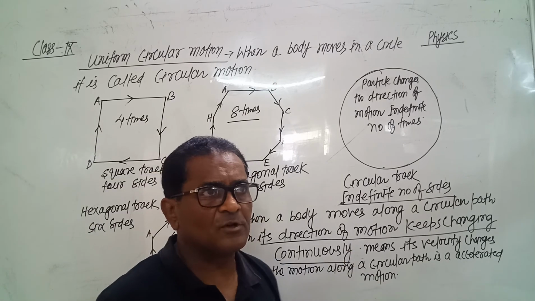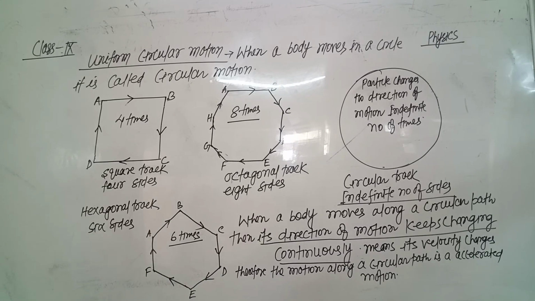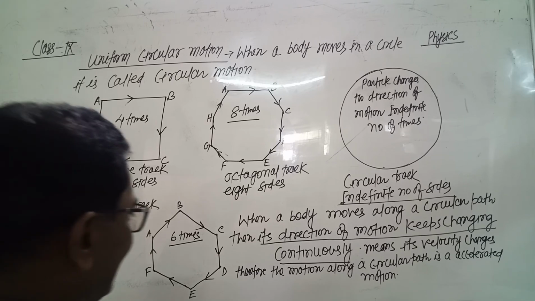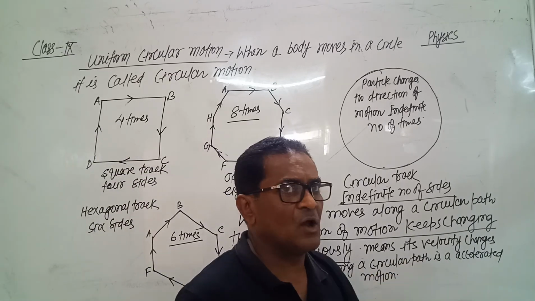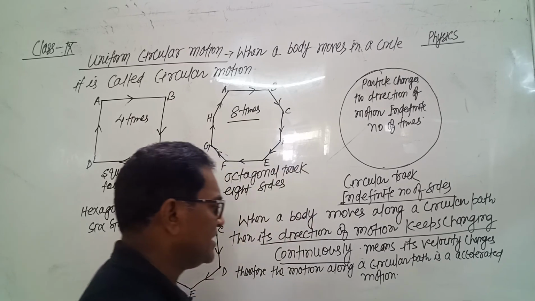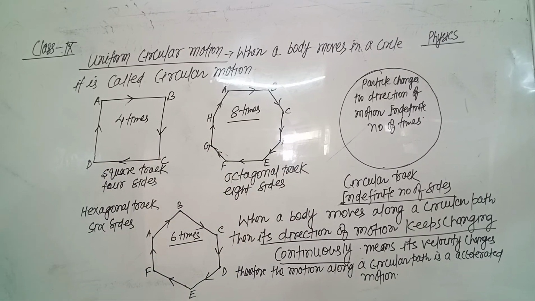And direction of motion changing continuously means its velocity changes continuously. If the velocity of a particle changes continuously, the motion along the circular path is an accelerated motion.